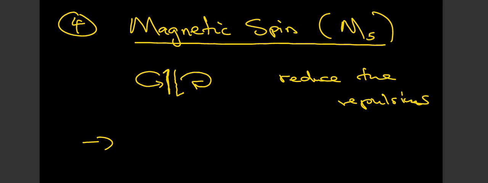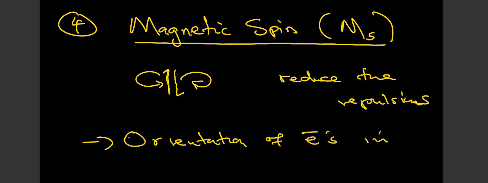But for spin, the purpose of magnetic spin is to tell us the orientation of electrons in space. So the main reason why we have to know this is because we have to identify whether we can call a particular element magnetic or not.